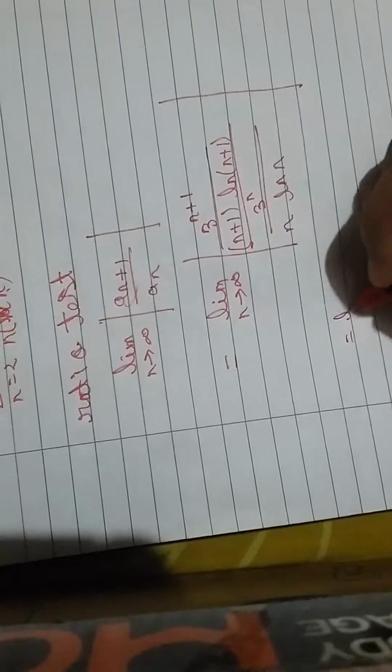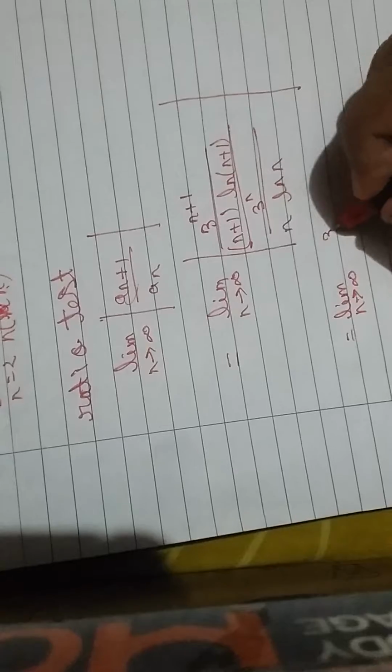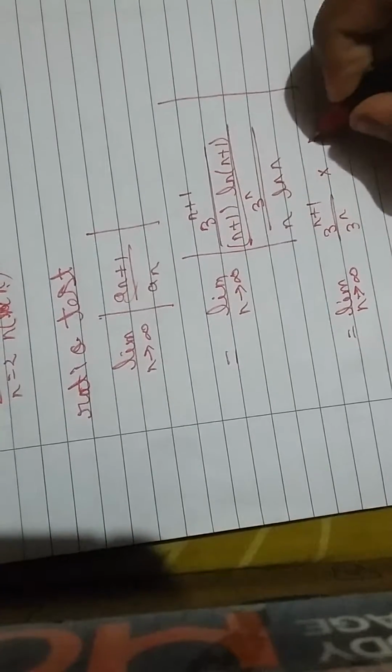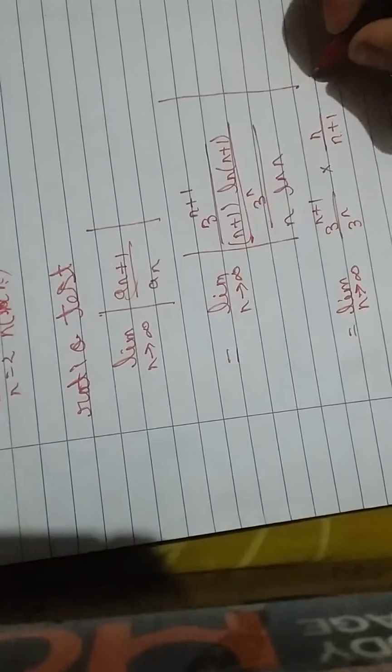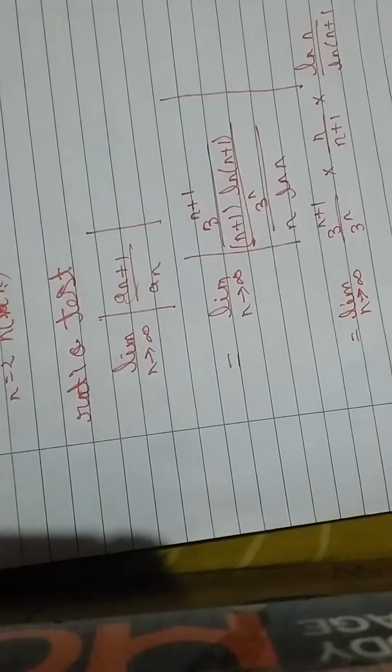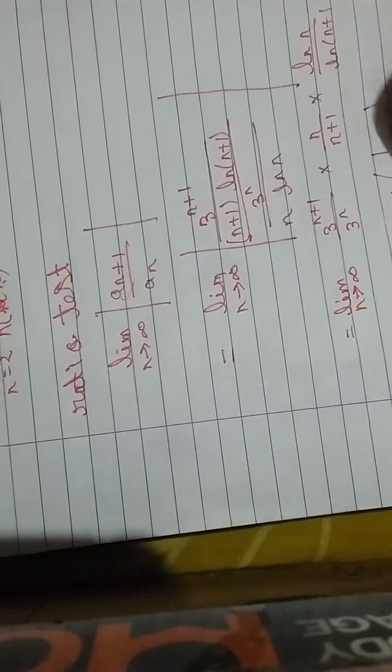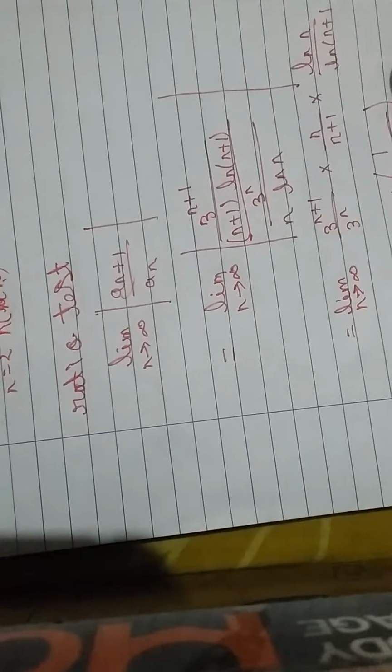Here we can see that all the values are positive. Then we can say that 3^(n+1) upon 3^n multiplied by n plus 1, as we can see, it will become 3 and it will become 1 upon 1 plus 1 by n.